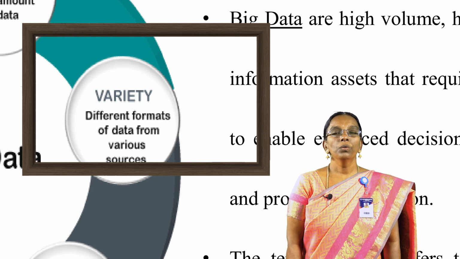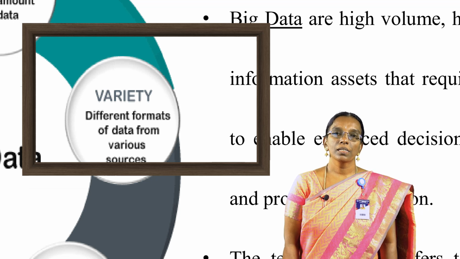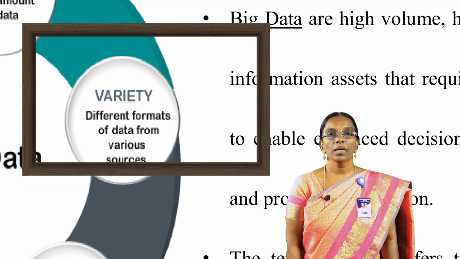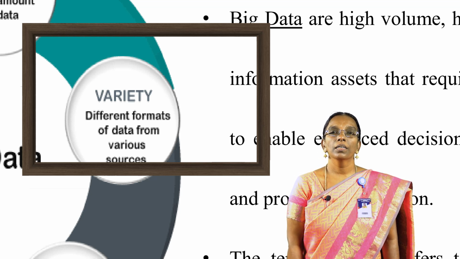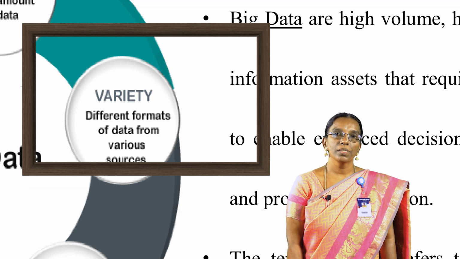Next, we will go to big data. What is the meaning of big data analytics? The definition is, it is a process used to extract meaningful insights such as hidden patterns, unknown correlations, market trends and customer preferences.